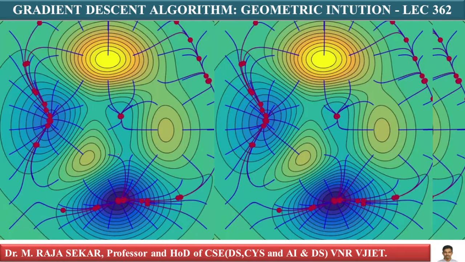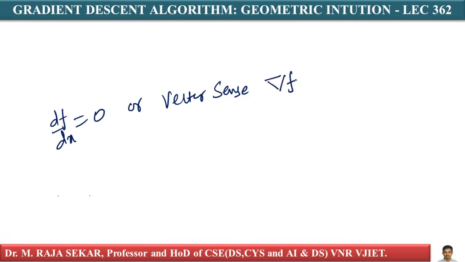In this lecture, we will try to understand the gradient descent algorithm and its geometric intuition. When we were learning about maxima and minima, we saw examples where we solve df by dx equal to 0, or in vector sense, del f with respect to x equal to 0.